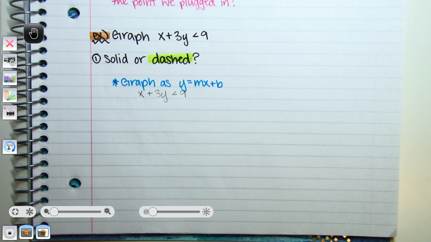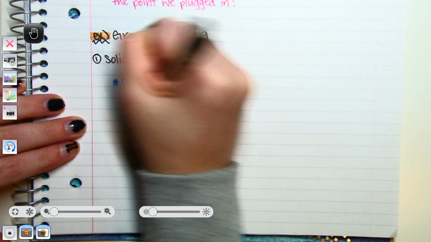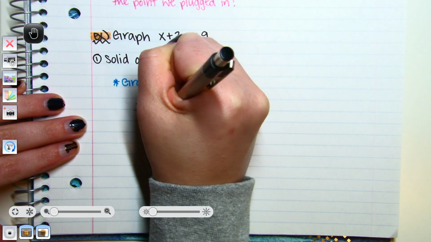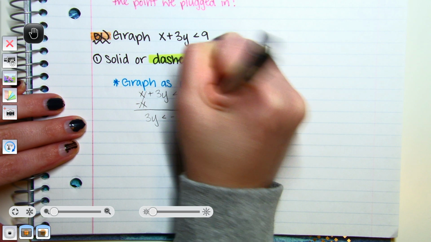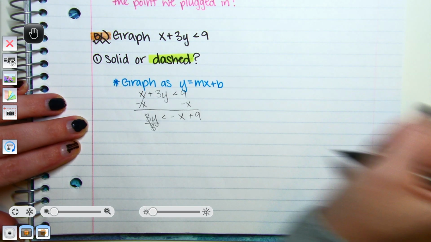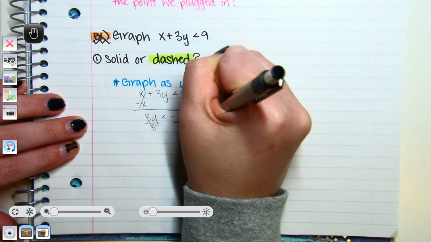I'm going to go pretty quick through this because it's review. I need y by itself, so I'm going to subtract x from both sides. So 3y is less than negative x plus 9. Y is almost by itself. I just need to divide by 3. And I divide everything by 3.